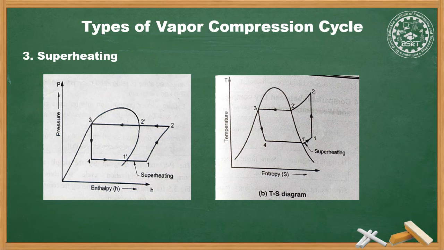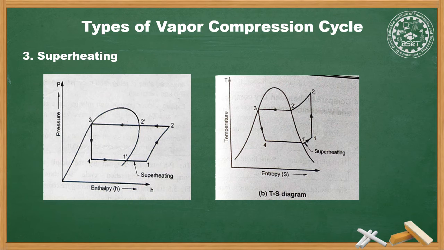In this cycle, the heat is absorbed in two stages: firstly, from point 4 to 1 dash, and secondly, from point 1 dash to 1. The effect of superheating increases the specific volume of suction, due to decreased capacity of the system. That is, the volume of the vapor increases. It also increases the refrigerating effect from H1 dash minus H4 to H1 minus H4.